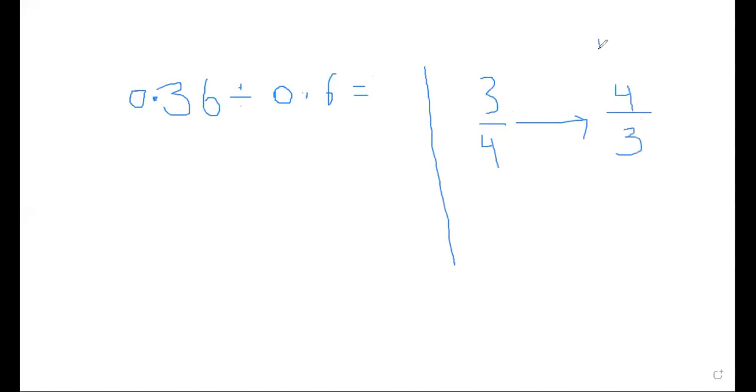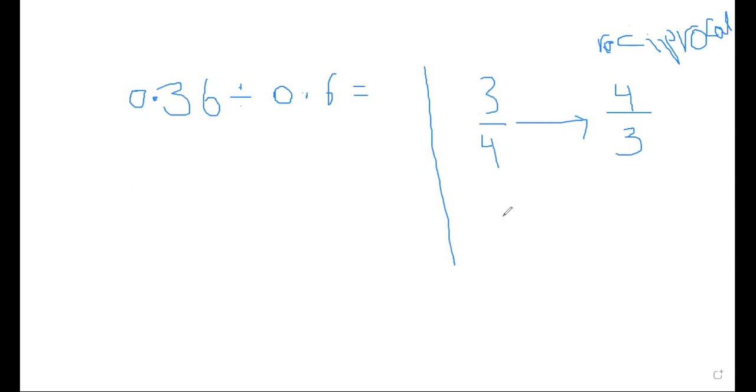It's called what? Reciprocal. Okay, so for the reciprocal, we have to flip the number 3 over 4, it will be 4 over 3.